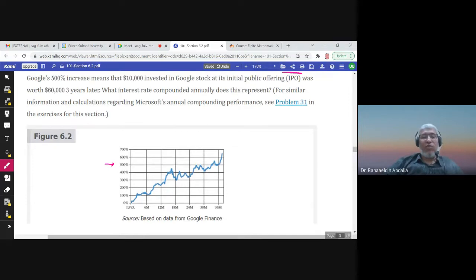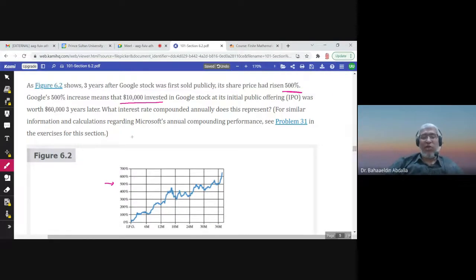Google's 500% increase means that if $10,000 invested in Google, so if this is P in Google stock, as its initial public offering, was worth 60,000, so this is the future value for 3 years. T is 3 years. The question, what interest rate?